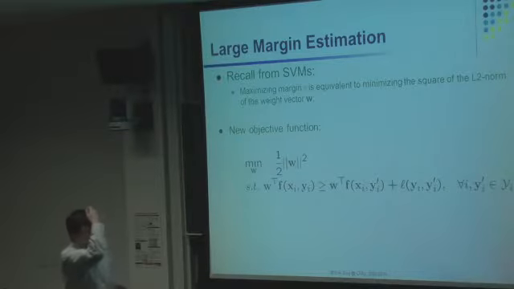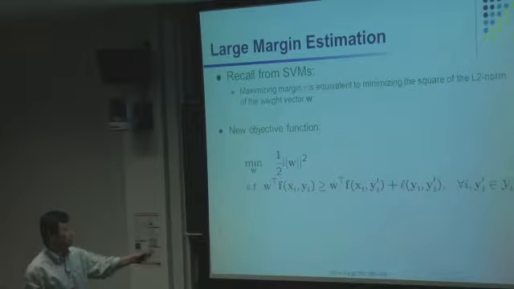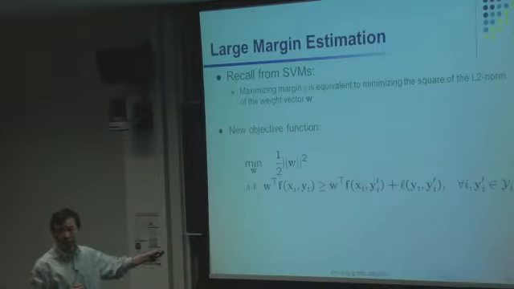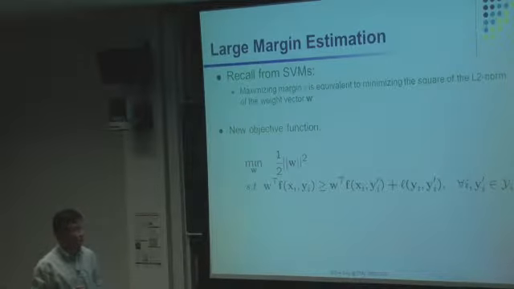Okay, so now look at the differences. In SVM, what we have is the following. We are going to learn the weight by minimizing the L2 norm of the weight subject to margin constraint. And in here, the margin constraint is basically due to the yi taking either +1 or -1, right?